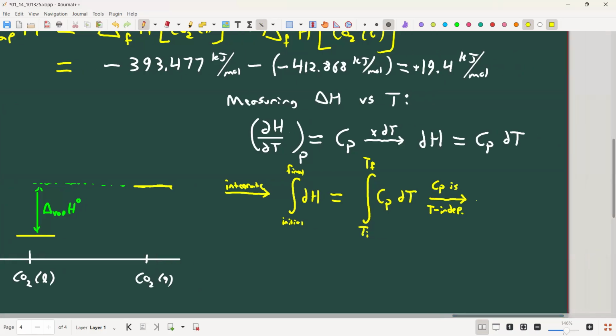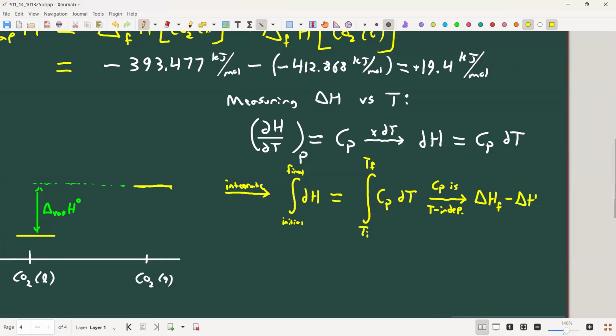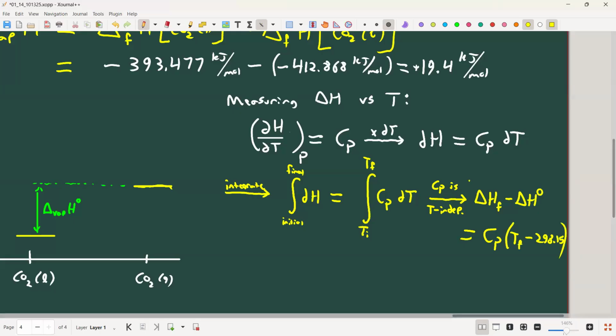This means that the change in enthalpy, the enthalpy at the final temperature minus the enthalpy at standard conditions, is equal to the heat capacity times the final temperature minus 298.15. You've used this equation before in Gen Chem.